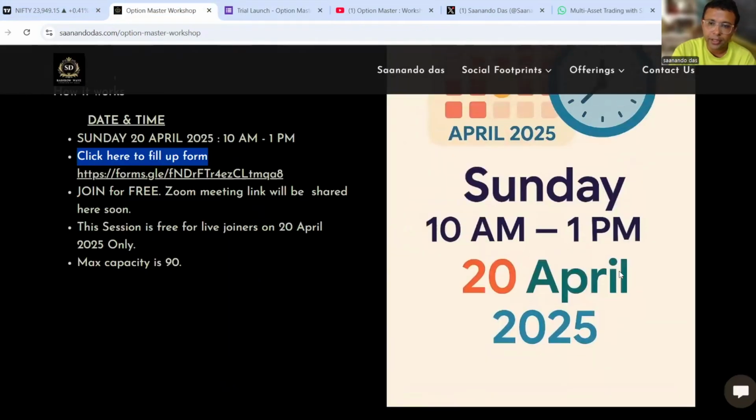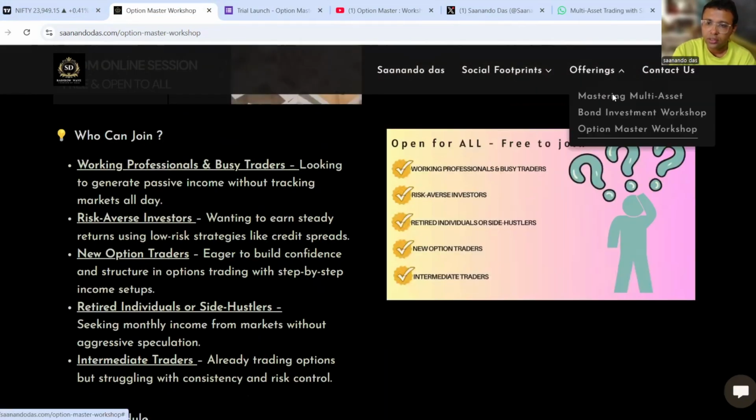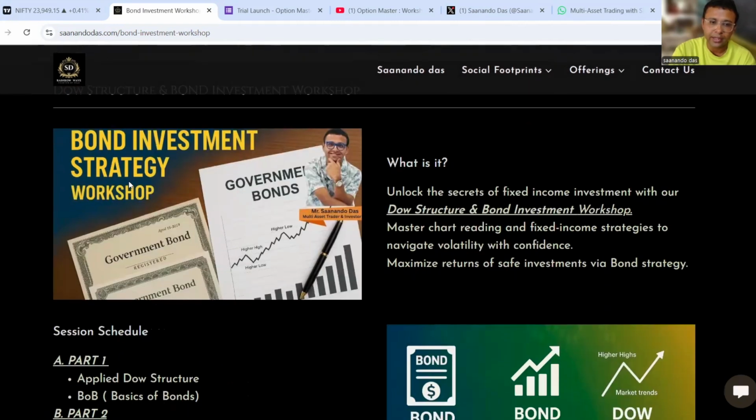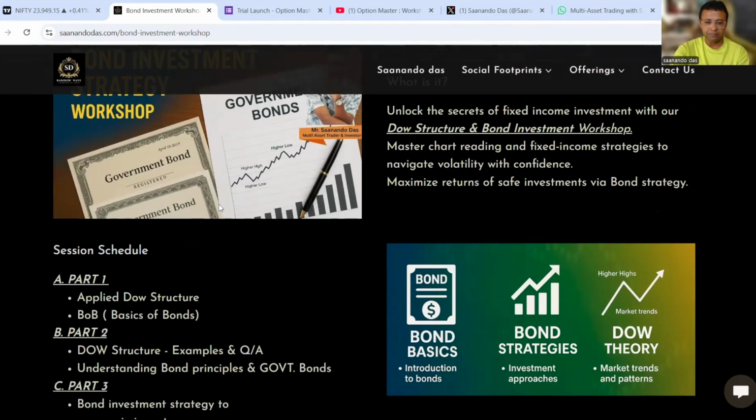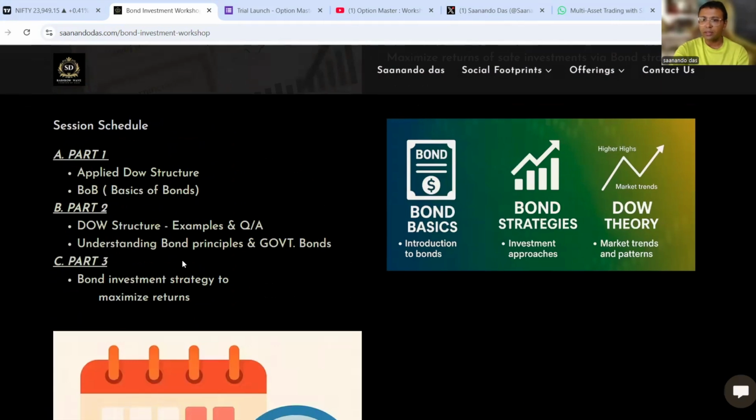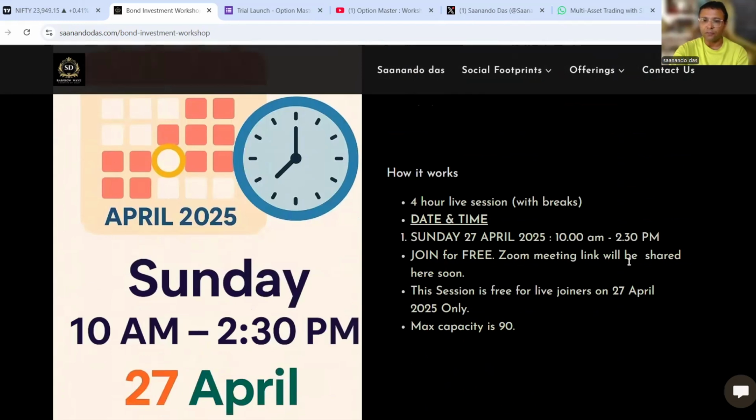Another workshop is scheduled on 27th of April, that is the Bond Investment Strategy Workshop. It aims to increase the awareness of the general public about bond investment and how to do it. There is no WhatsApp group. It is a one-day program, not like Option Master, which is 20 days. It's a single one-day program on 27th of April, for which the Zoom meeting link will be shared here soon.